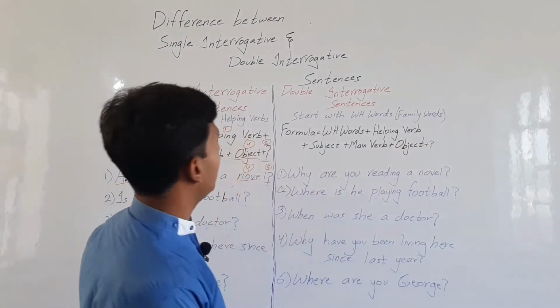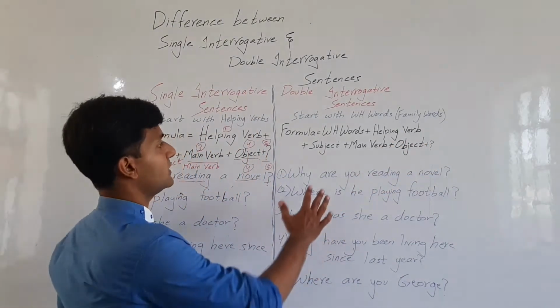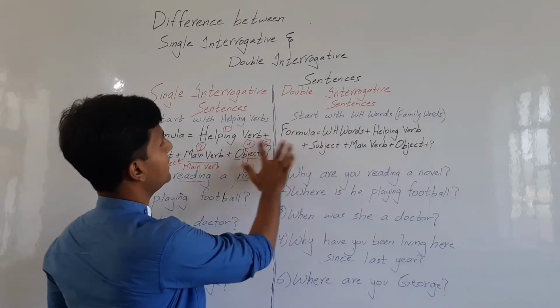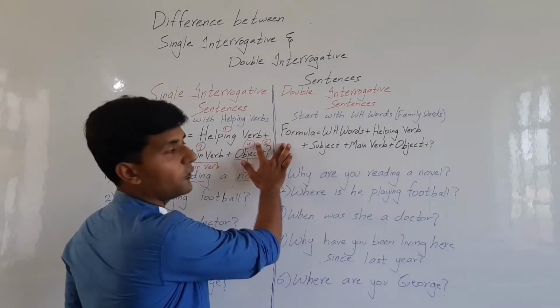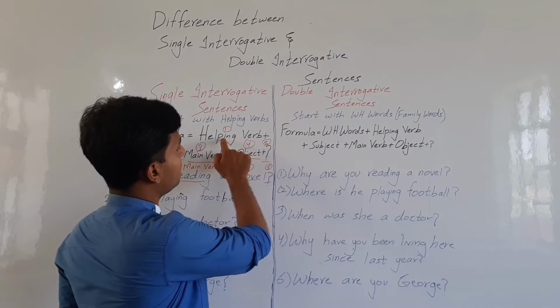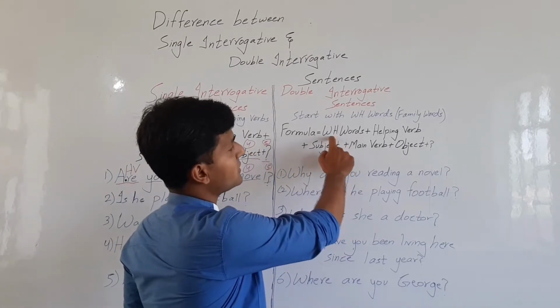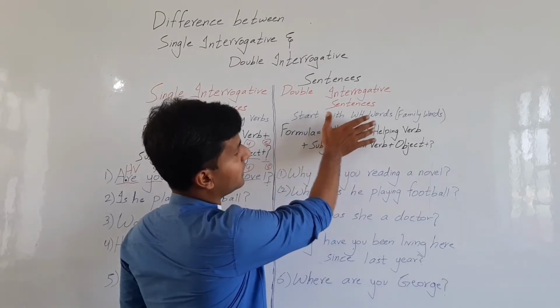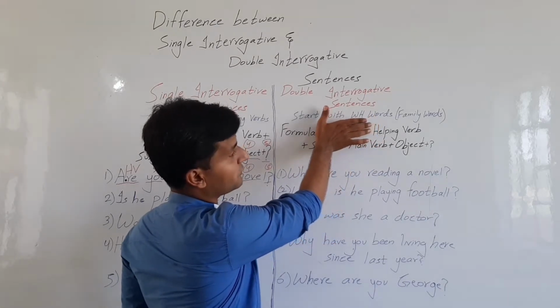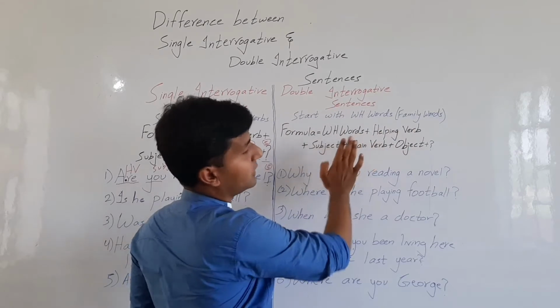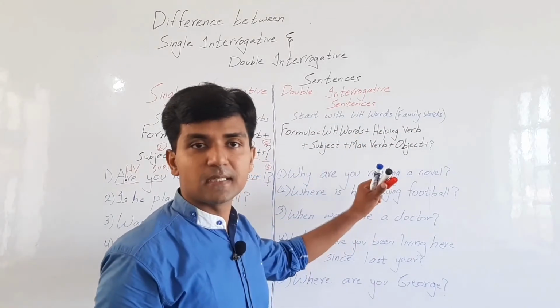Have you felt any difference? Yes, this formula starts from the helping verb and this formula starts from WH words. If I hide these WH words, then the formula will remain the same.